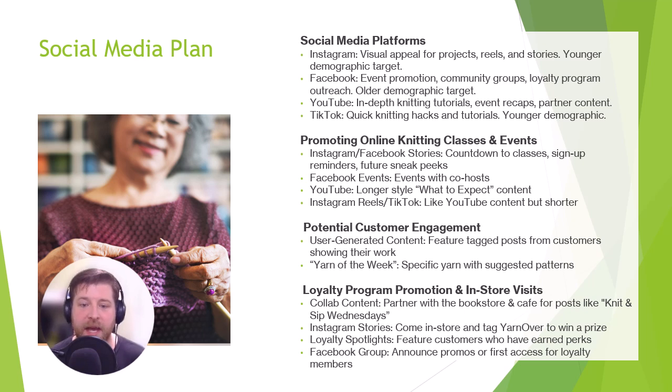You want to be creating those events on Facebook, and you really want to be pushing those for that customer engagement, and you really want to be encouraging your regulars, your customers, your users to be posting on that social media page that we created for you. We really want to be encouraging them to cross-post that onto other social media sites.